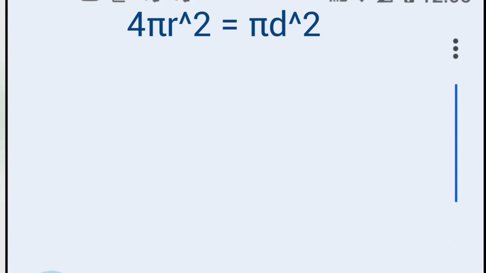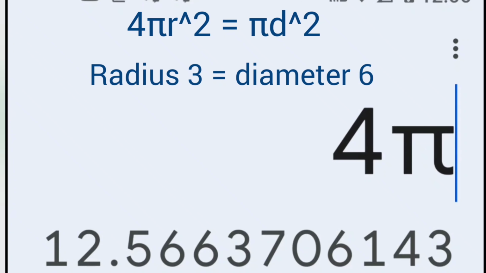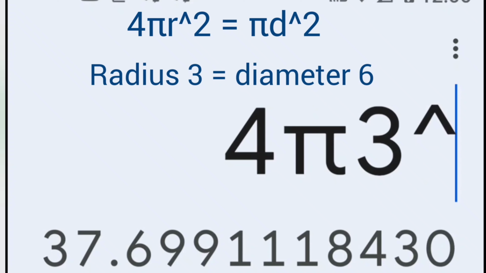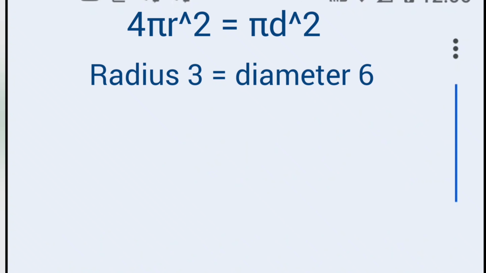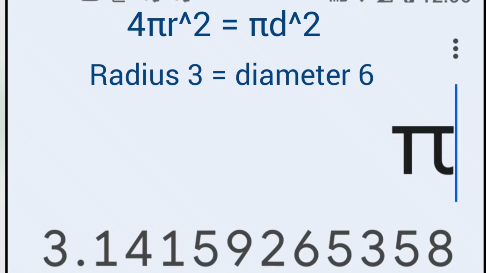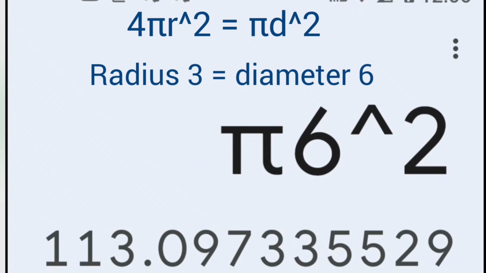So let's test it out. If the radius is 3, then we know the diameter is 6. So we're going to do 4 pi r squared, 113.097. Now we'll try it with the diameter. So pi d squared is also 113.097. Same thing.